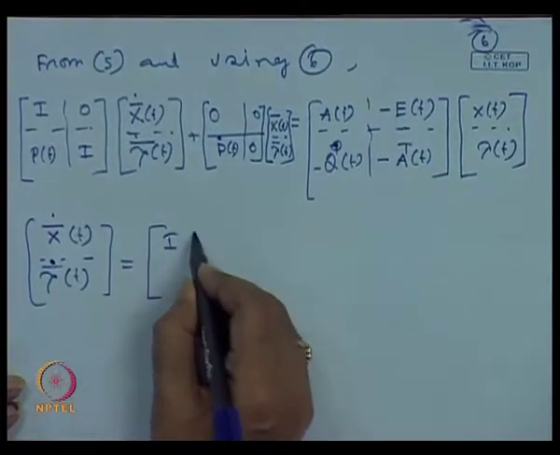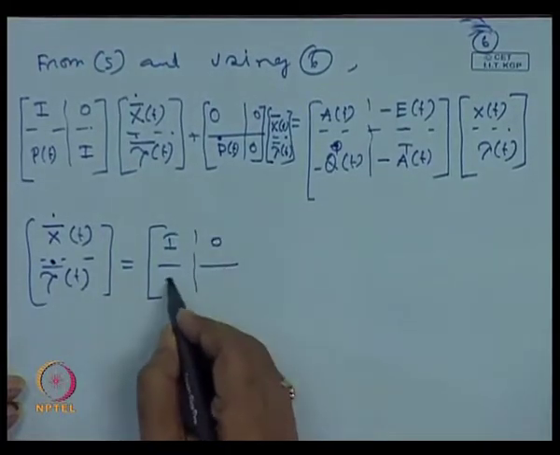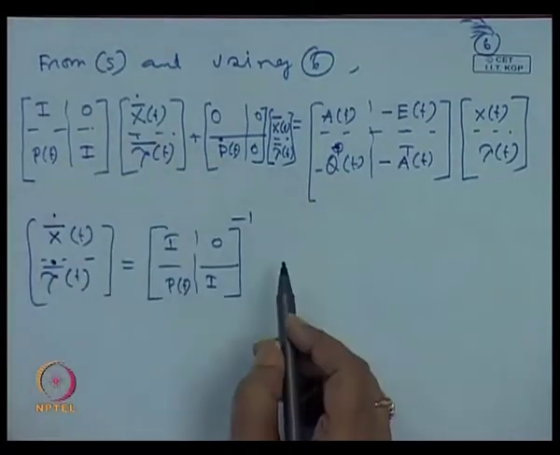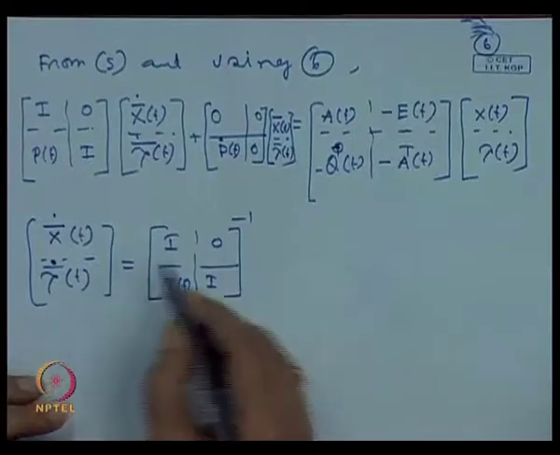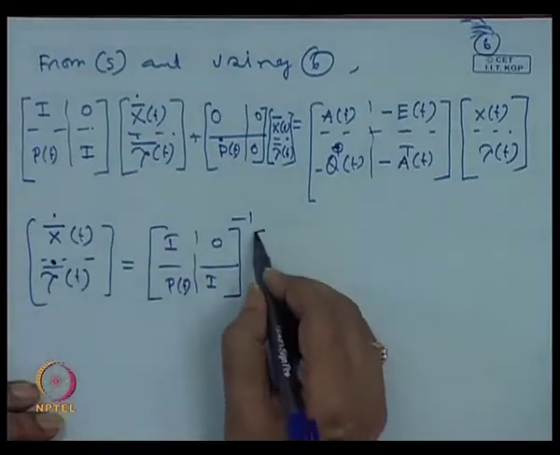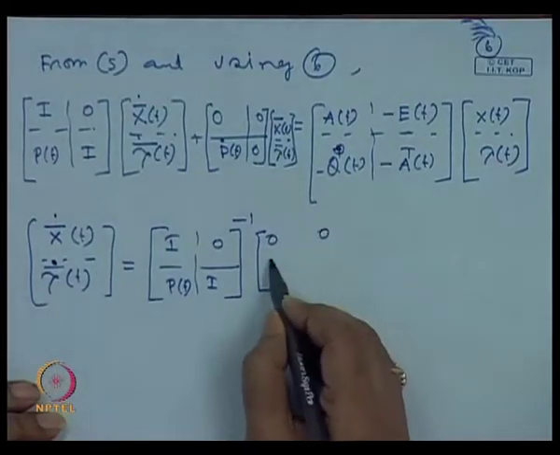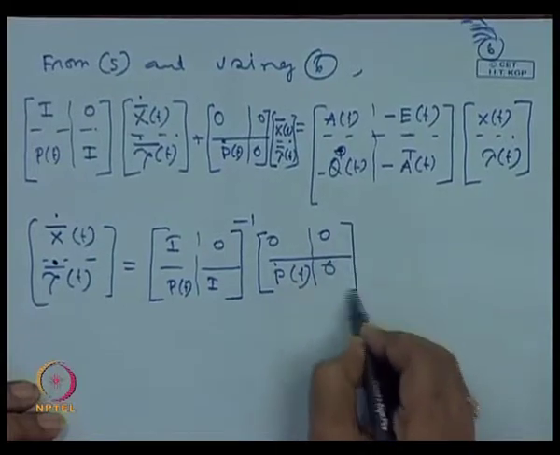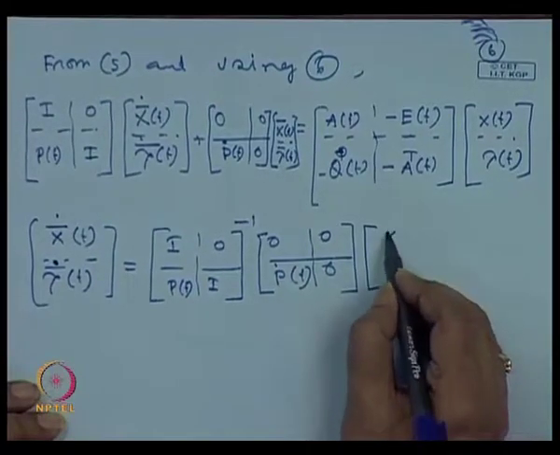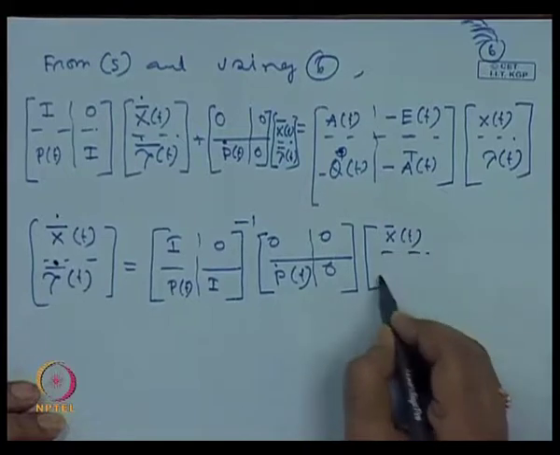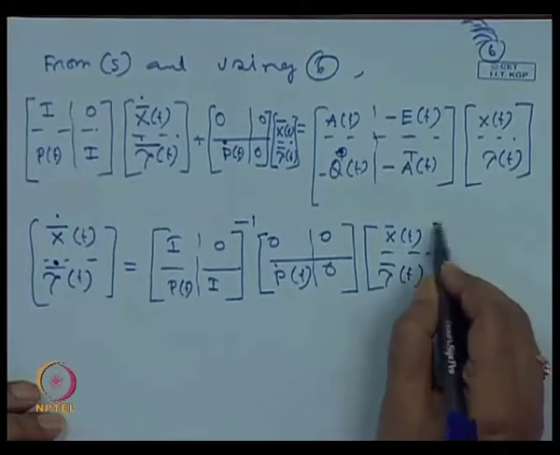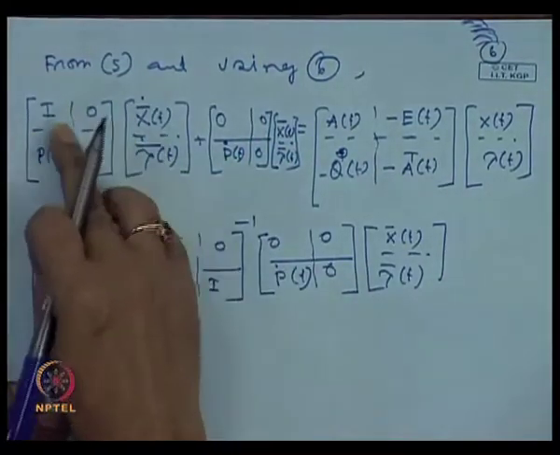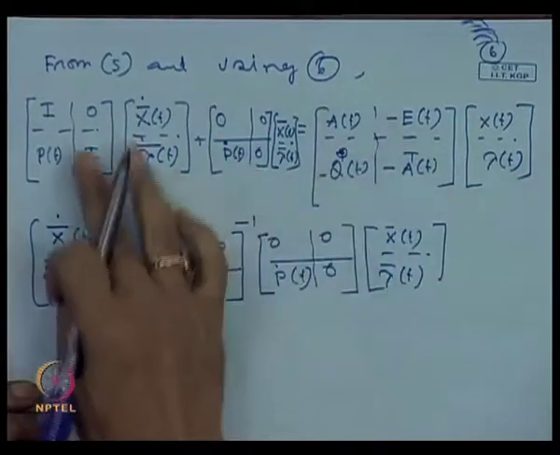I, 0, p of t, I, whole inverse, agree, whole inverse, then multiplied by 0, 0, p dot of t, 0, then x bar of t, lambda bar of t, agree. This is my procedure: because I took this term to the right hand side, then I took this inverse on both sides and multiplied by the inverse of that one.